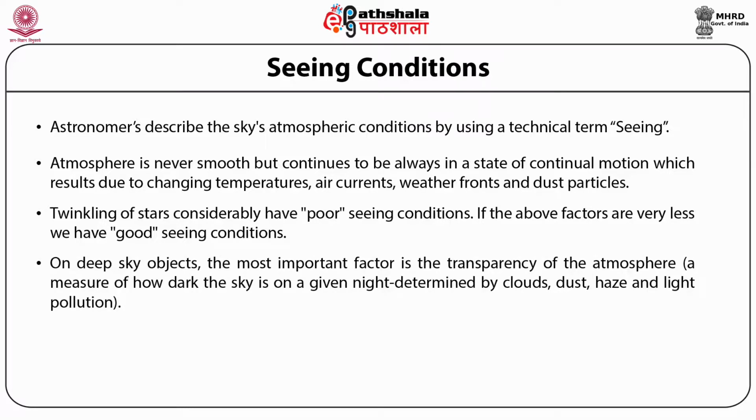For deep sky objects, the most important factor is the transparency of the atmosphere, which is a measure of how dark the sky is on a given night, determined by clouds, dust, haze, and pollution. Seeing conditions and transparency vary widely from place to place, from season to season, and from night to night.